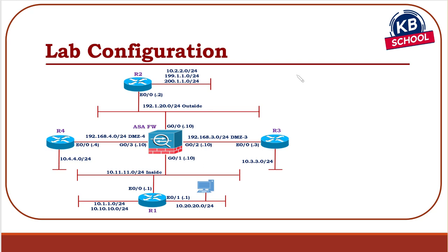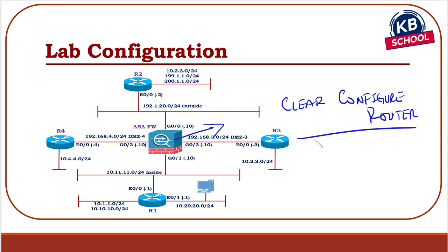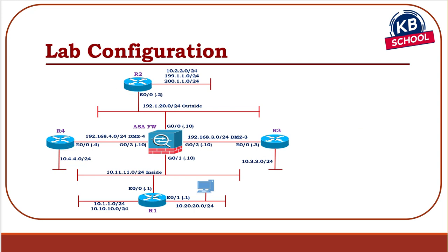Again, we were running EIGRP before this. We'll get rid of EIGRP on the ASA. We have the command clear configure router, which will get rid of EIGRP over here, and on the routers, the normal no router EIGRP command. That way, we're reset with just the IP addresses on the interfaces, no routing.